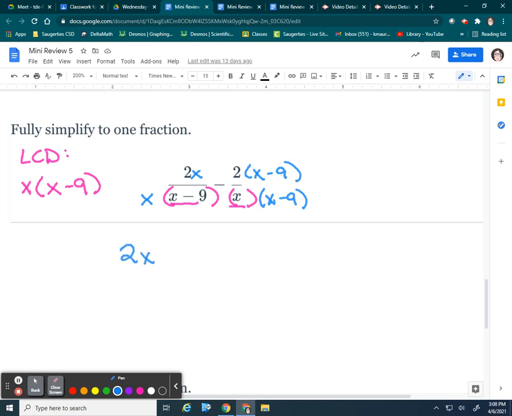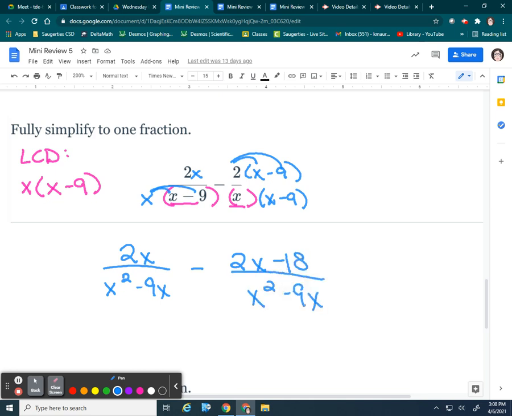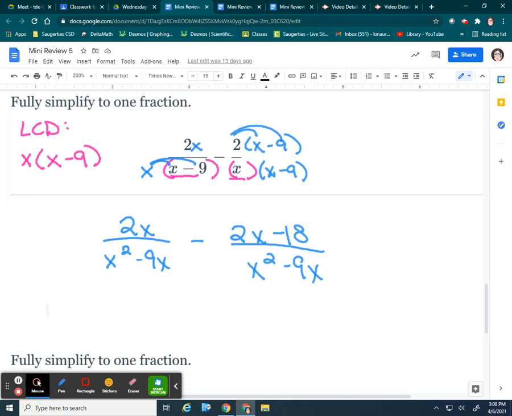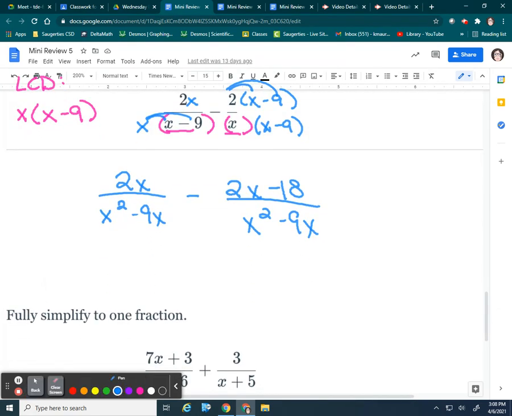And now I'm going to rewrite my fractions, 2x over x squared minus 9x if you want, or you can just leave it for now. And then this becomes minus 2, and I'm going to distribute as I do this, 2x minus 18 over... Don't forget about that minus sign.